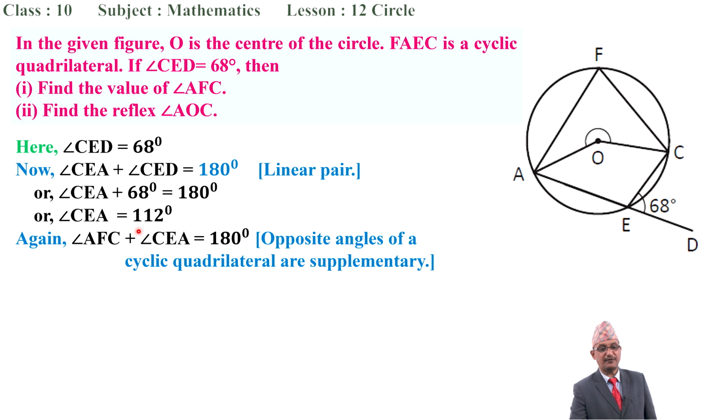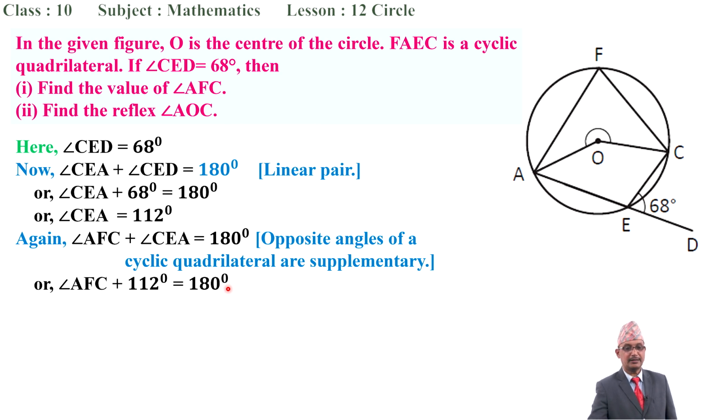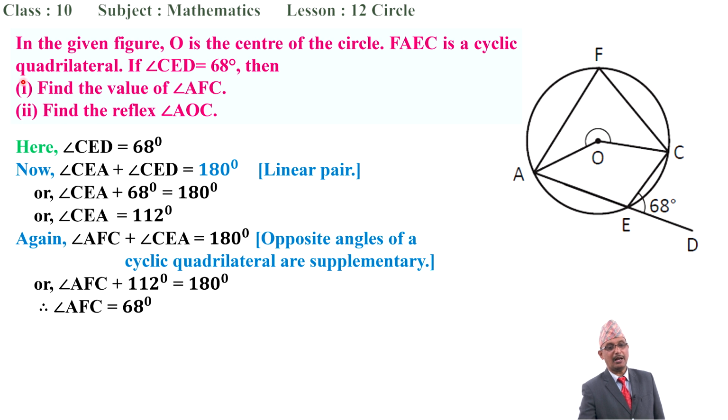Now put the value of CEA, which is 112 degrees. If I send this 112 to the right-hand side, it becomes 180 minus 112. That is, angle AFC will be 68 degrees. So we have calculated the value of angle AFC; that is, we have solved one part of the question.